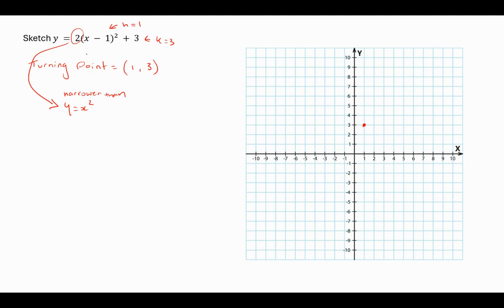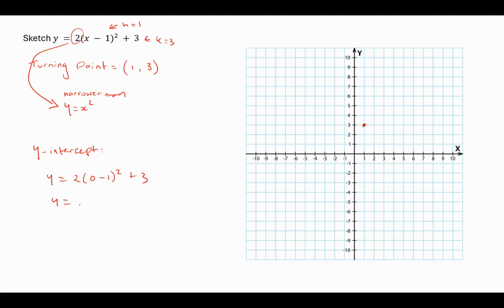And now before I can sketch, I need to look at the intercepts. So I'll start with the y-intercept. So we're going to substitute x is equal to 0. So y is equal to 2, 0 minus 1 all squared plus 3.